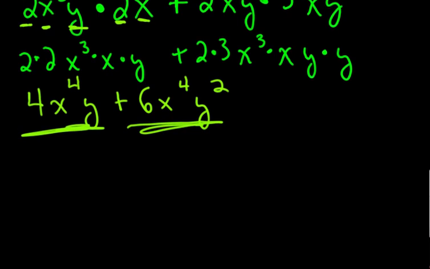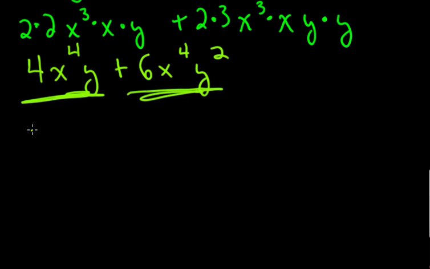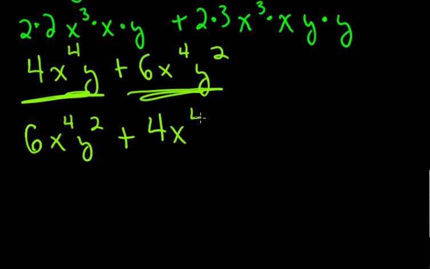In fact, if we were to write this in descending order, we'd write 6x to the 4th y squared plus 4x to the 4th y, because this is a 6th degree term and this is a 5th degree term. And this keeps this in descending order. But the process distributes out, and multiplying a monomial across a polynomial usually gives you as many terms as your polynomial had.